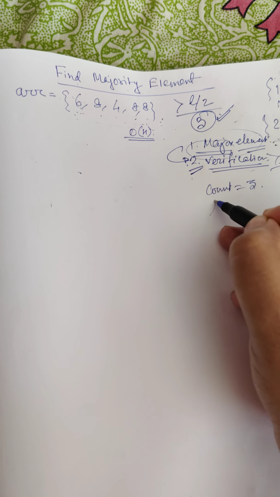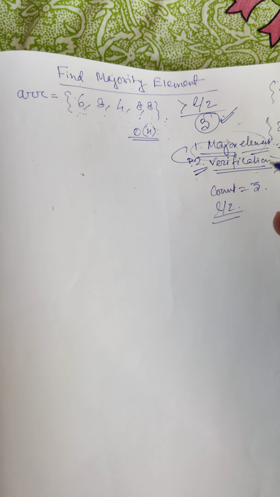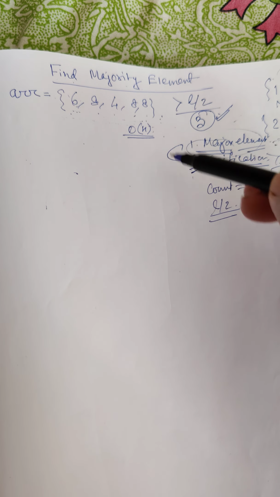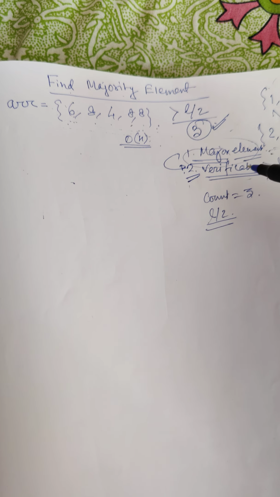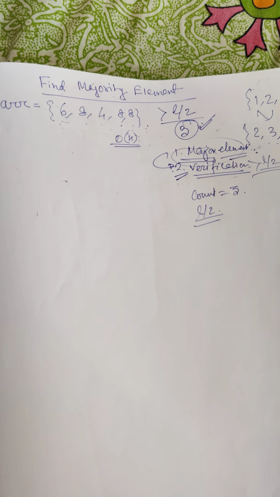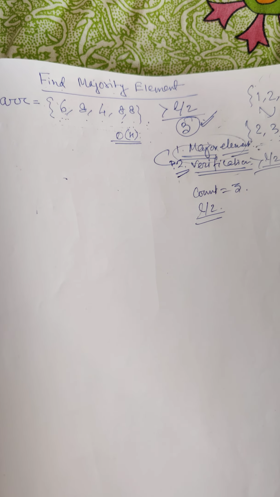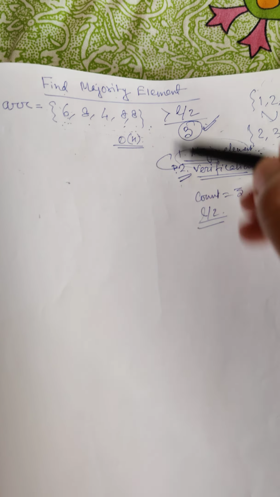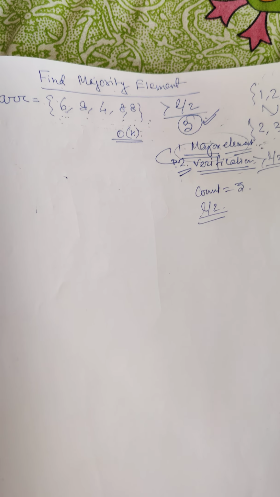And if it is bigger than L by 2, then we can conclude that yes, what we determined through the first part of the algorithm is okay. So 8 is going to be our majority element.